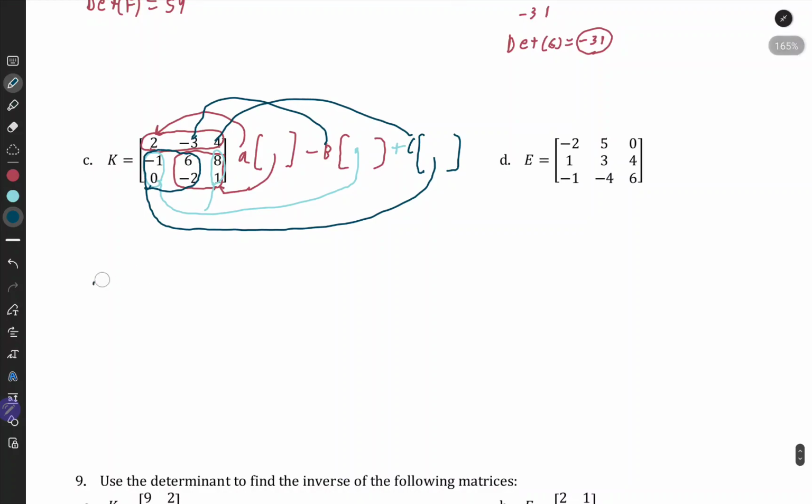We have an A, which is 2, and now we have our A part, which is 6, 8, negative 2, and 1. And then you have a negative B, which is going to be negative 3. It's positive 3, I suppose. But now we have negative 1, 0, 8, and 1.